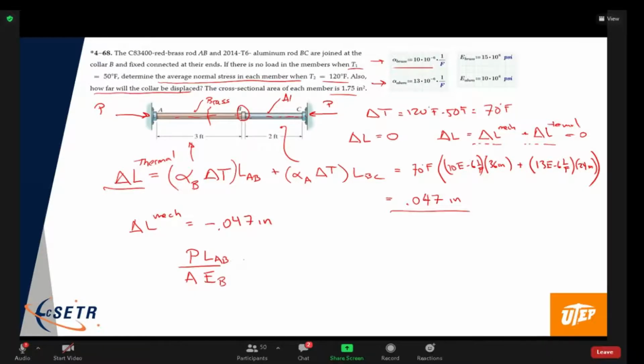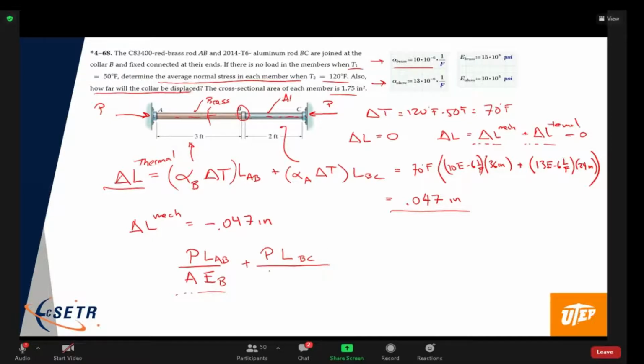If you put a compressive force of P on the brass section, that's how much it'll change length. And then we're going to add on to that how much the change in length in the aluminum would be. So the aluminum will see the same compressive force P, but it has a different length. It's BC.